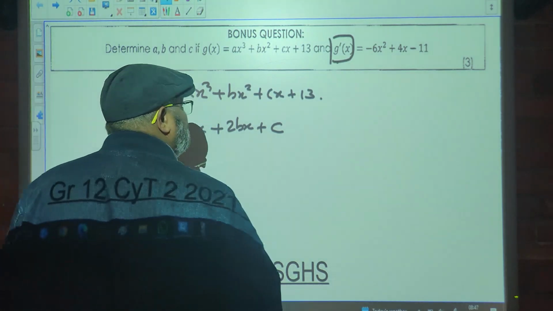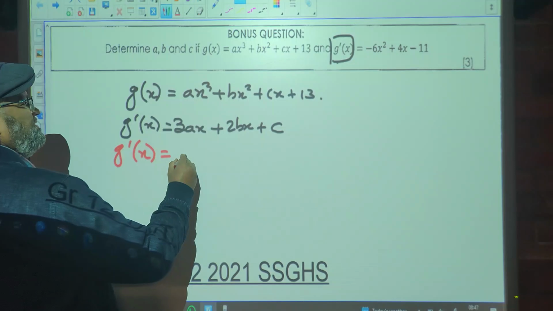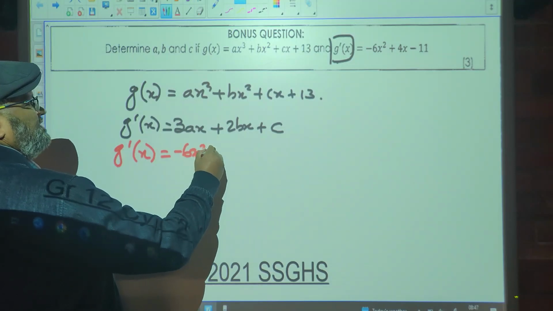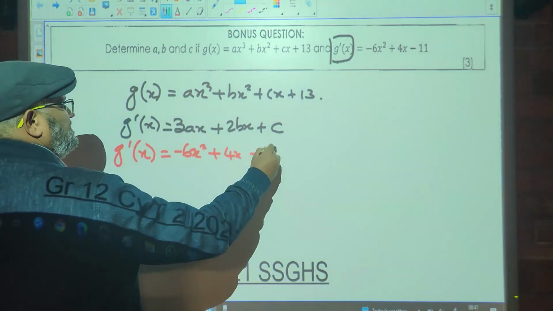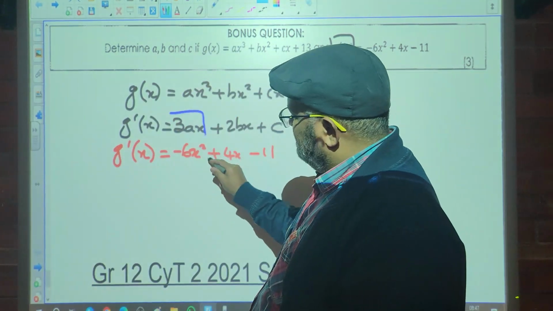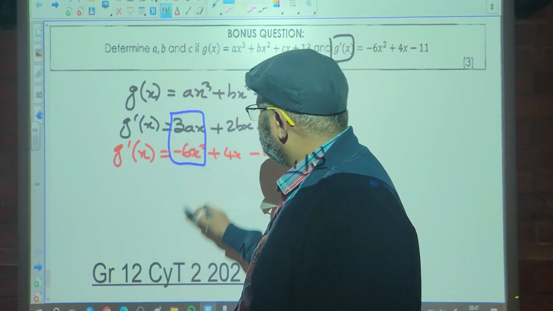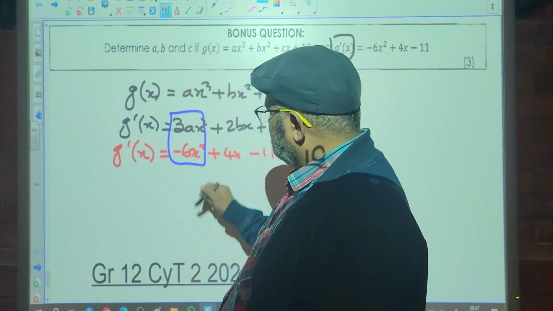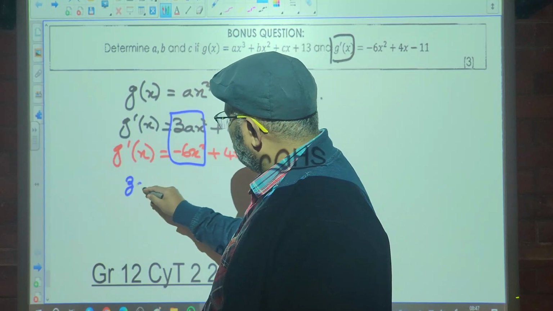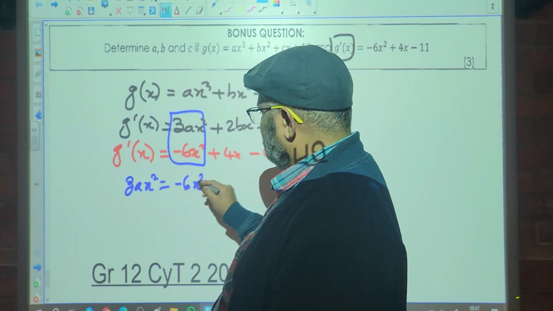But we are given this here. We are told that g prime of x is also equal to negative 6x squared plus 4x minus 1. From here it's clear that those two are connected. In other words, we know that 3ax squared is equal to negative 6x squared.